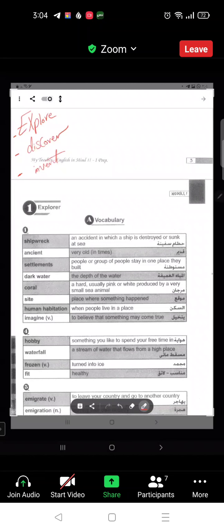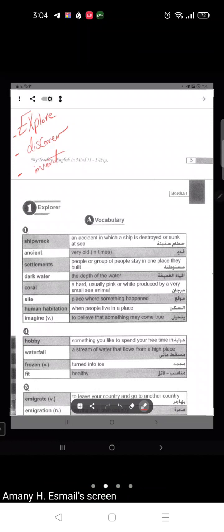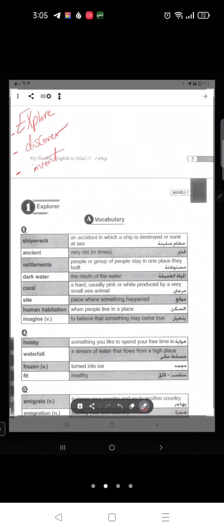Explore, discover, and invent. Are they nouns? No. Excellent. Are they adjectives? No. Okay. Are they verbs? Yes, excellent.